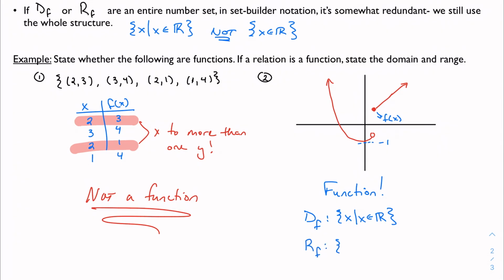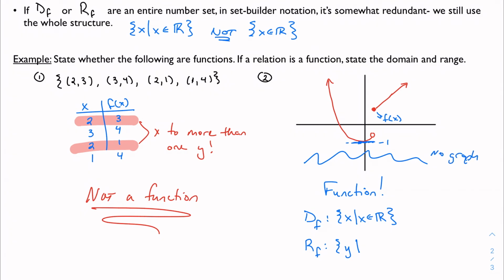And with the range, well, we just have to take a look at the graph. And keep in mind with the range, we're dealing with y's, not x's. So y such that, well, if I'm looking at my range, I have values from -1 and up. We're going to assume that this is just human error here, and it actually does hit -1. So this isn't all real numbers because I don't have graph down here.